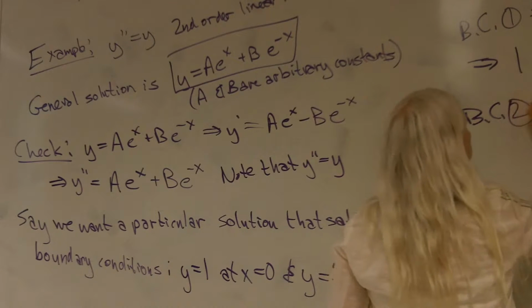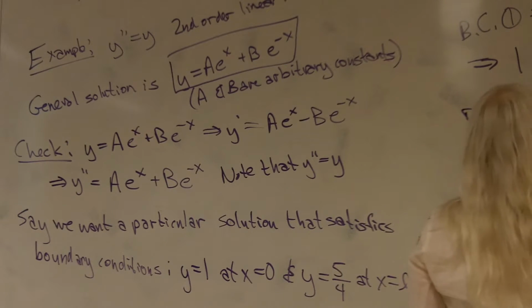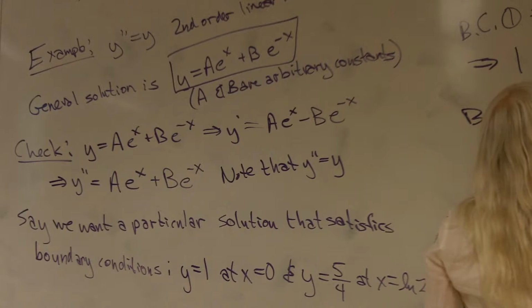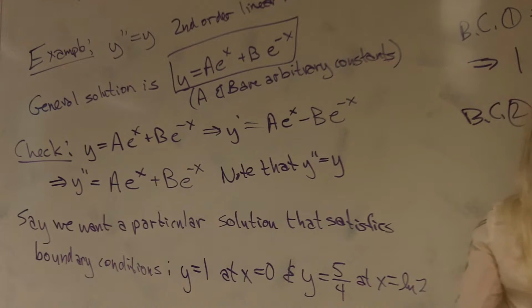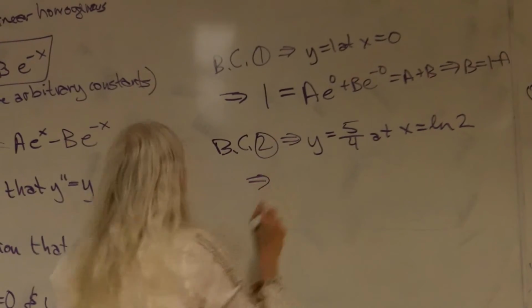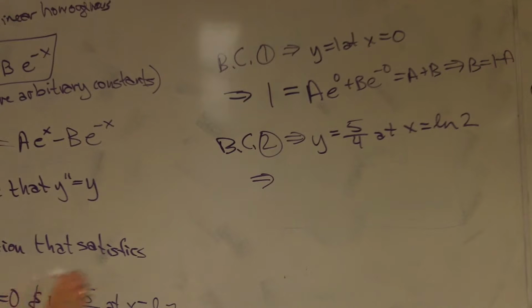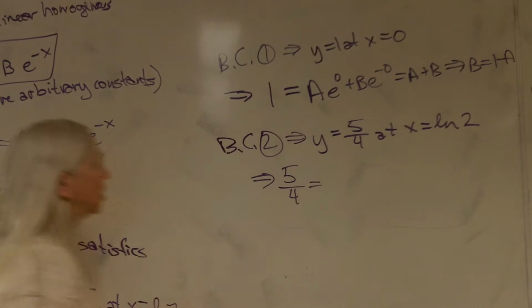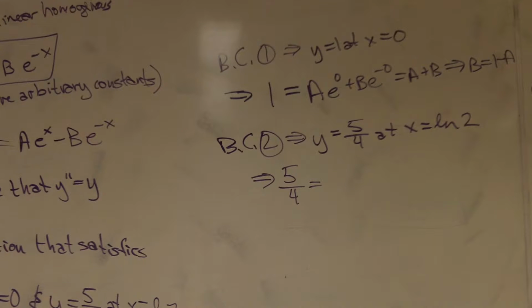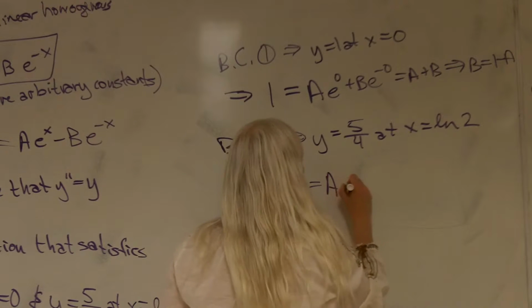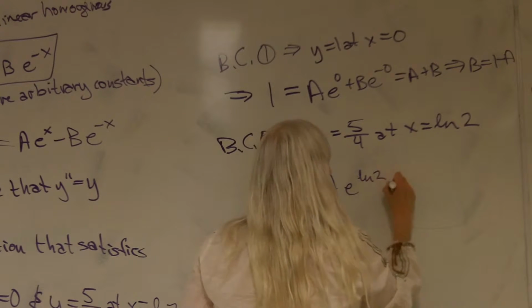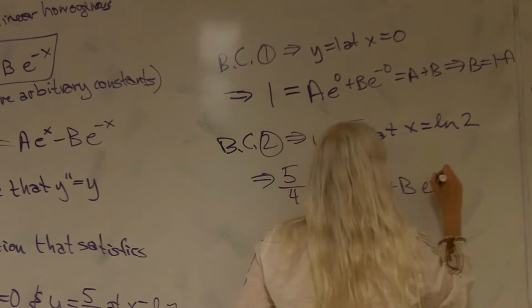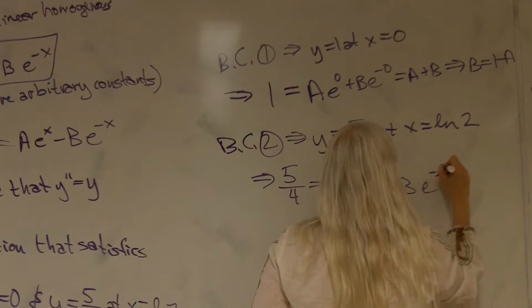Okay, our second boundary condition tells us that y equals 5/4 when x equals the natural log of 2. So I can plug in y equals 5/4 on the left-hand side of the general solution, and x equals log 2 on the right-hand side. The right-hand side then becomes a times e to the log 2 plus b times e to the minus log 2.